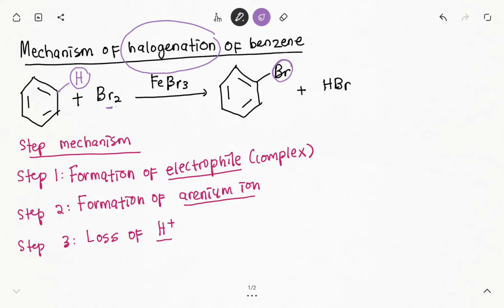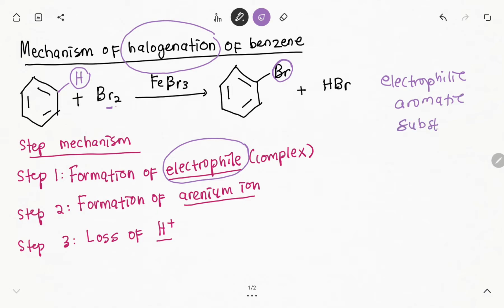So in step 1, an electrophile must be formed, because our type of reaction is electrophilic aromatic substitution. Every time, in the first step, your electrophile species must be formed.